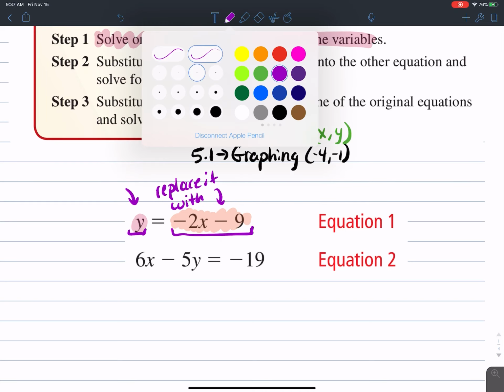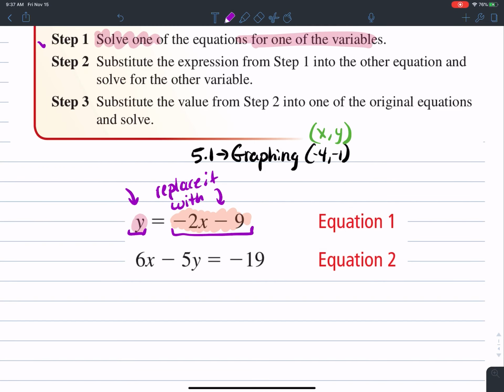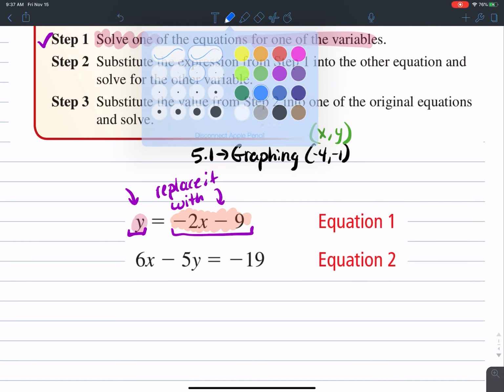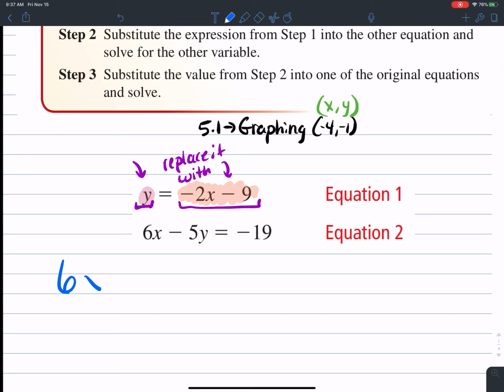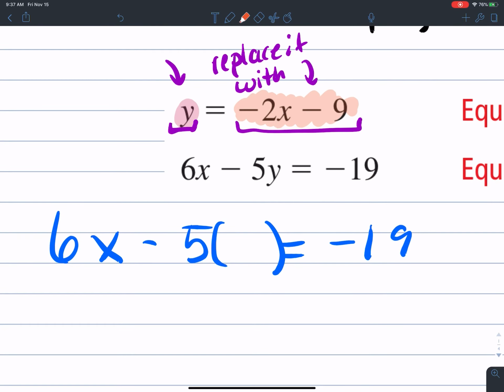So what our steps would say is step number 1 is actually already done for us. We have one of the equations that has a variable all by itself. So what we want to do then is we want to take our second equation, which I'm just rewriting. I see something called y. So instead of calling it y, I can call it something else. So I'm replacing y with an empty set of parentheses. And what can I call y? Well, if I'm not going to call it y, I can use this thing called -2x minus 9.